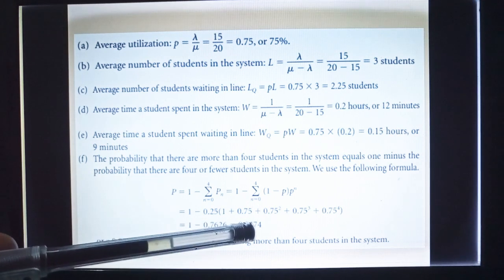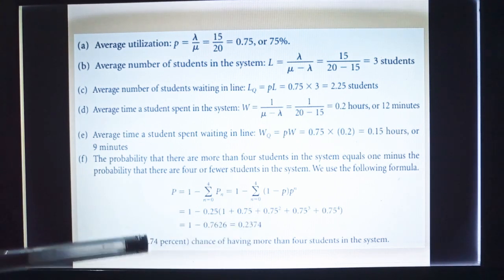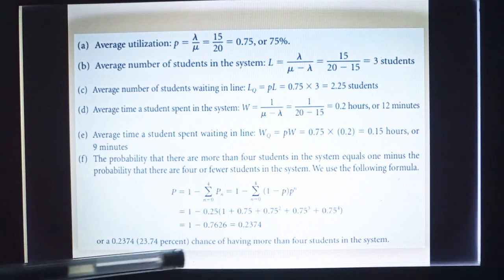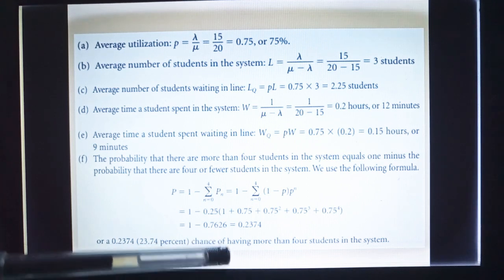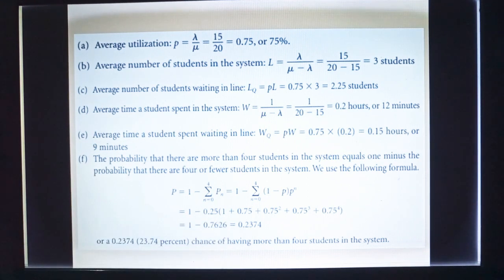Or if we multiply this one by 100%, that is 23.74%. This is the chance of having more than 4 students in the system. So a very small percentage.